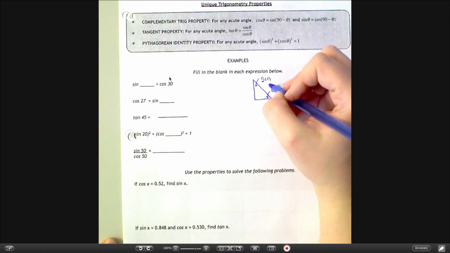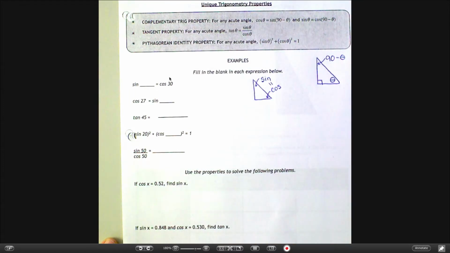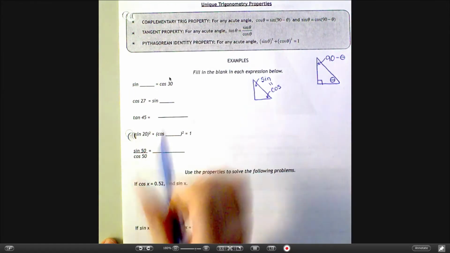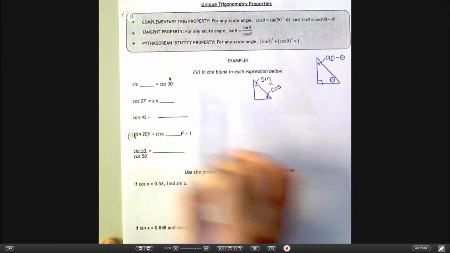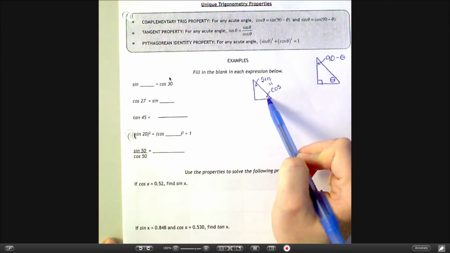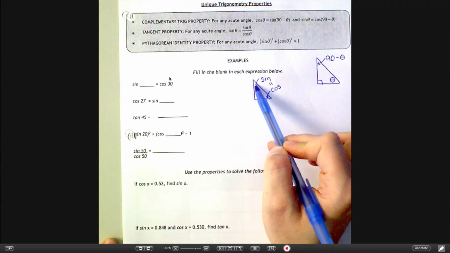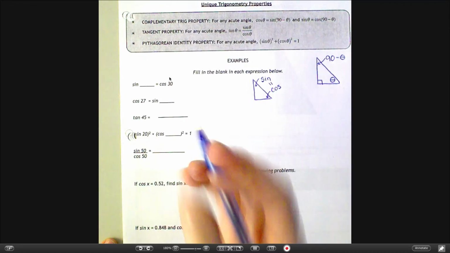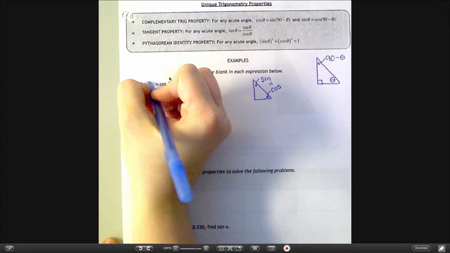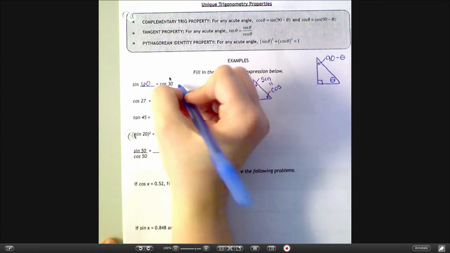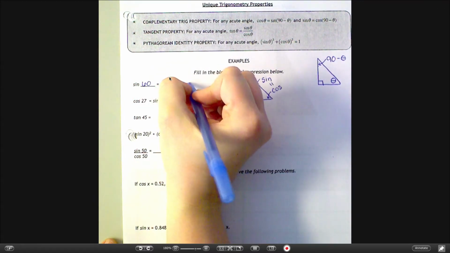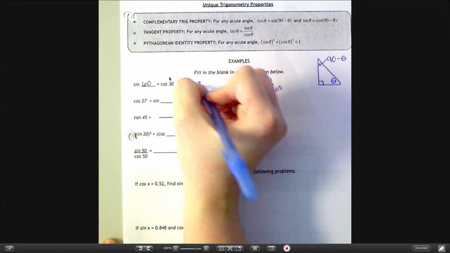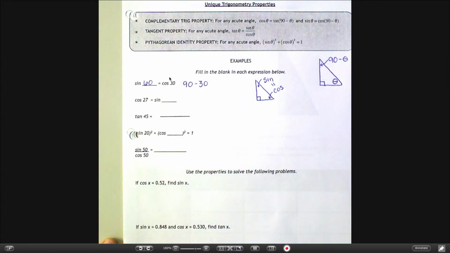So if we have cosine of 30, if this was a 30-degree angle, what would the other angle be? 60, yeah. Okay, so this is your 90. So really what I did here is I did 90 minus 30. And I found that it was 60 degrees. Okay? So let's try that same thing for the next one.